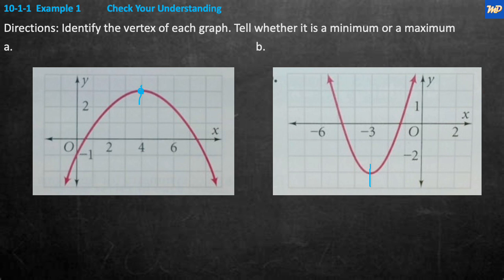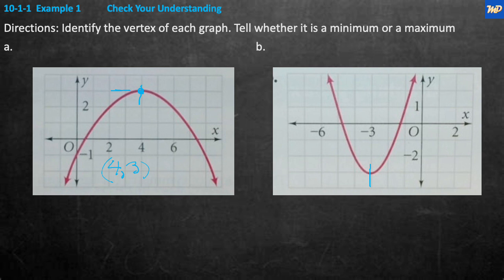So the point is 4, 3, which is x equals 4, y equals 3. It is opening down, so this point here is the maximum. Nothing will get any higher than 4, 3 on the A graph.